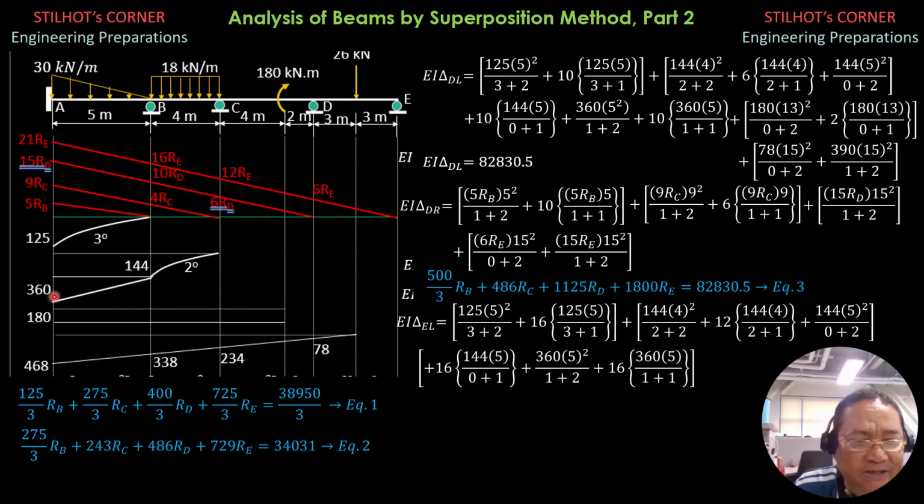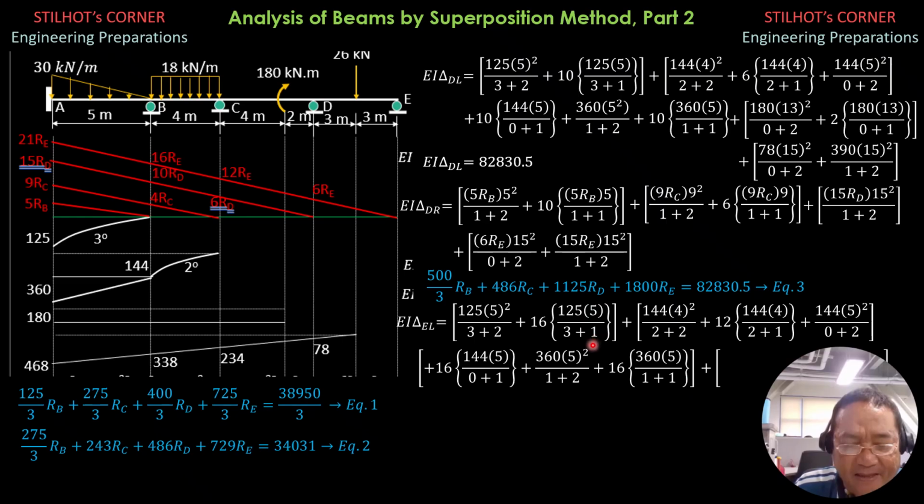And due to this 360 kilonewton meter moment, due to deflection 360 times 5 square over first degree plus 2. And due to slope, that's 16 again, 16 of the theta here. So 16 times 360, length 5 over first degree plus 1.